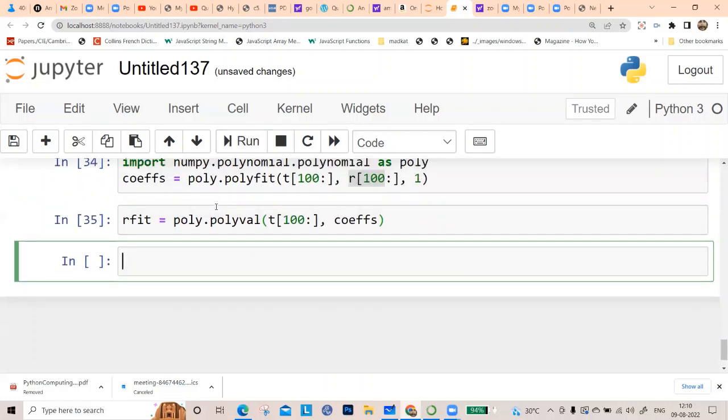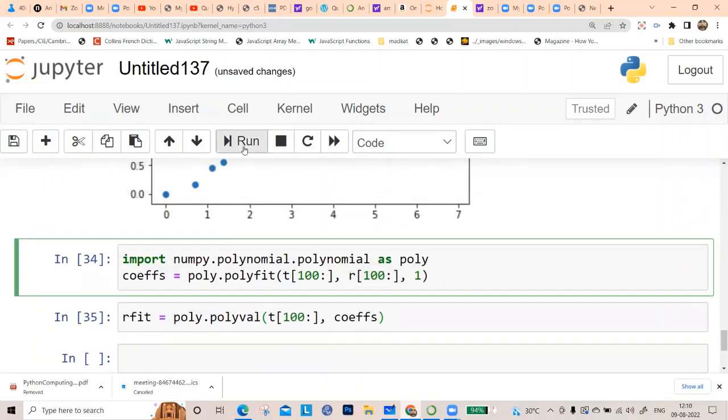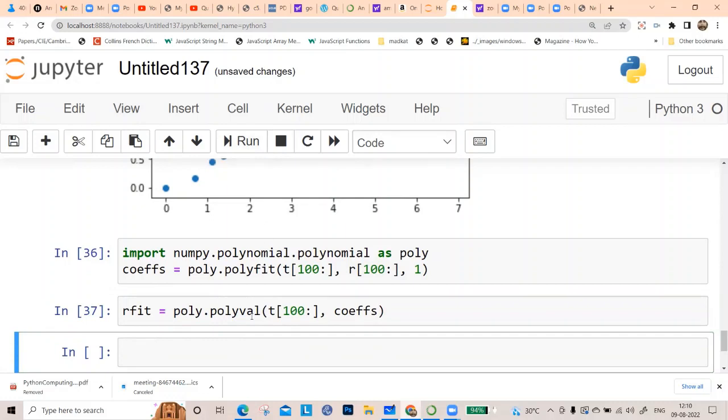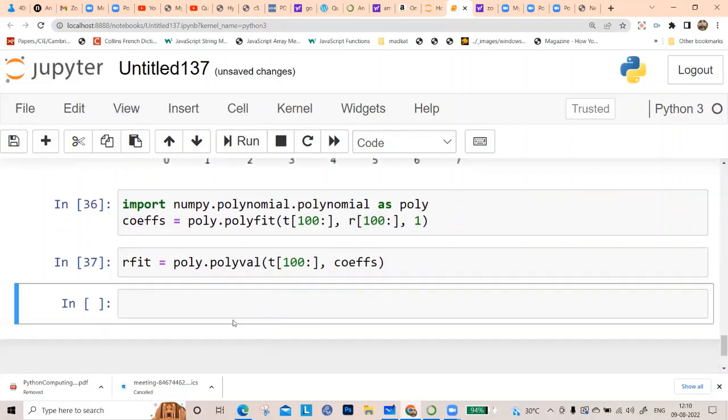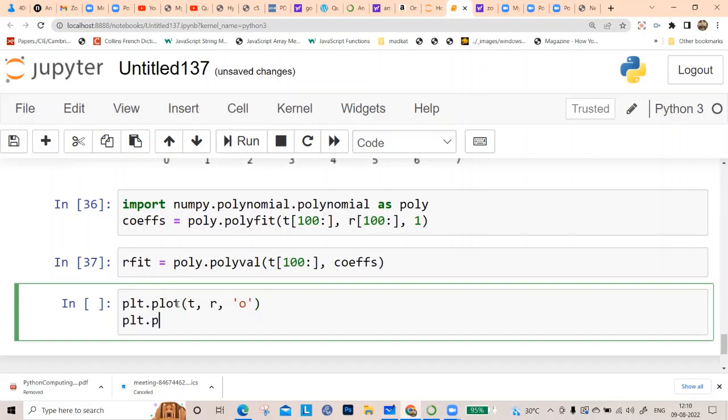Now let me run it again to make sure. So I calculate R fit. Now I can plot plt.plot the original data T versus R with bullet points, and plt.plot the 100 sliced points and the R fit data, with a line.